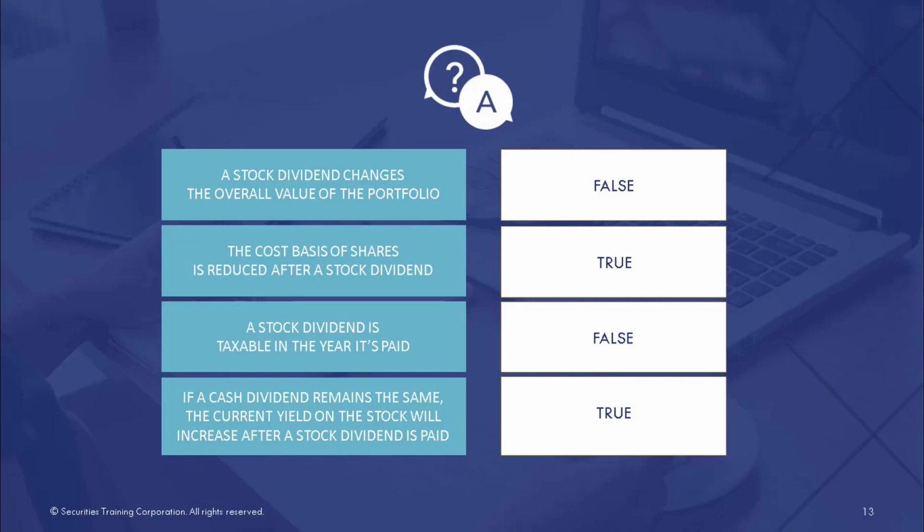Because you'll receive the same amount of dividend per share, but the number of shares would increase. So in our example, the number of shares increased from 100 shares to 110 shares. If the dividend per share remained the same, the value of the dividend would increase, and therefore the price would also be adjusted as well, and therefore the yield would increase.